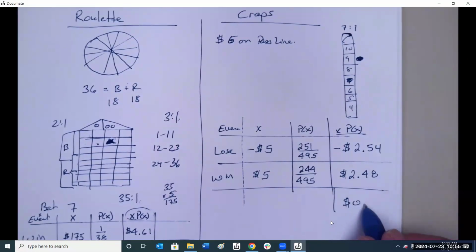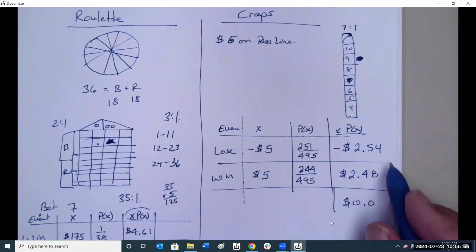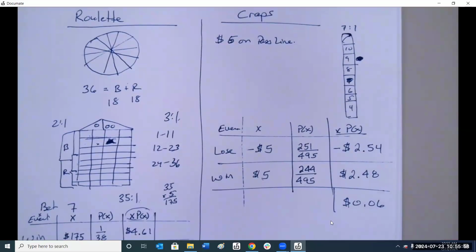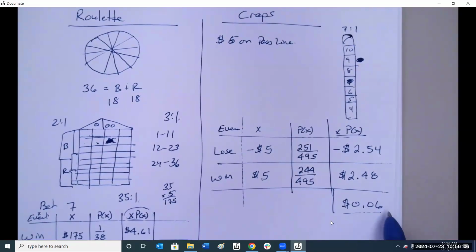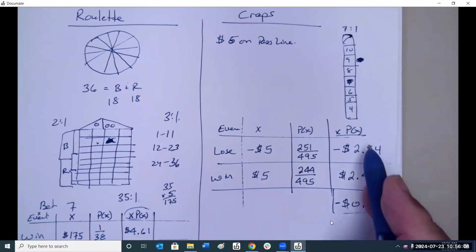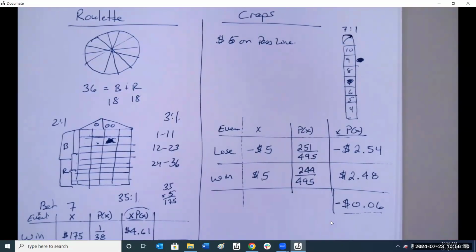So it's going to be minus 0.06. What this says is you're guaranteed to lose, this would be negative since that was bigger. You lose 6 cents every time somebody rolls the dice.